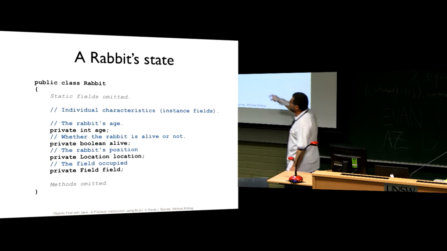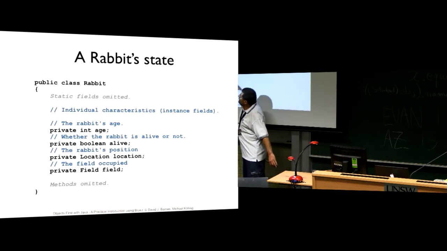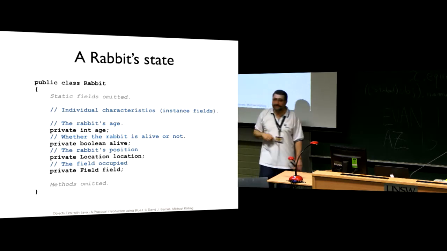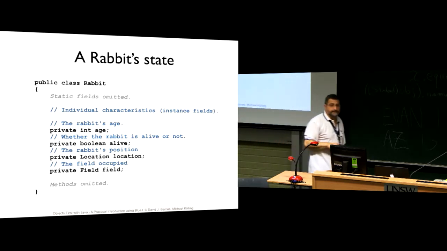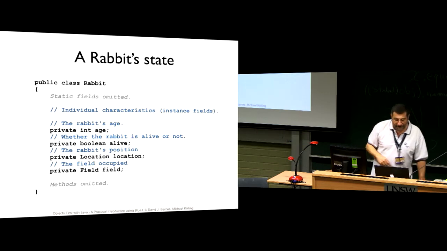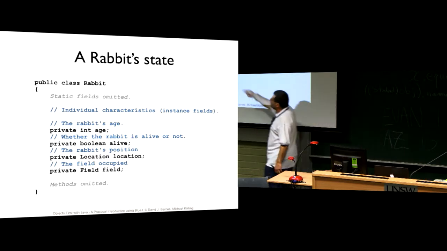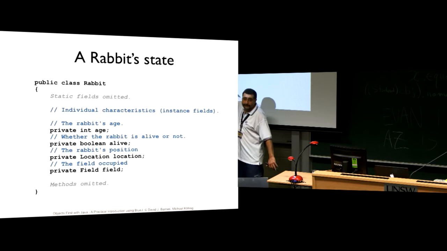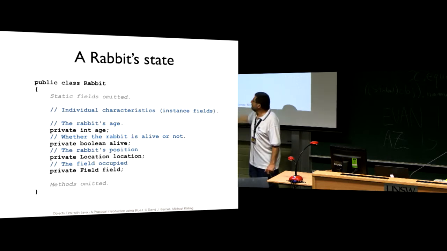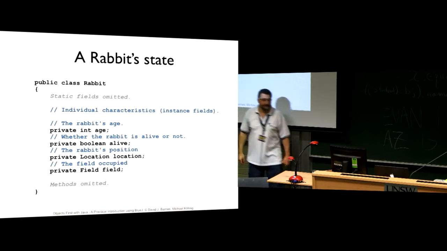We have to know where it is. So which field it's in, so we have a reference to the field, and also know its position within the field. Right? So we create one class to contain the field, which is the 2D array, and another class to contain the XY position within the field.